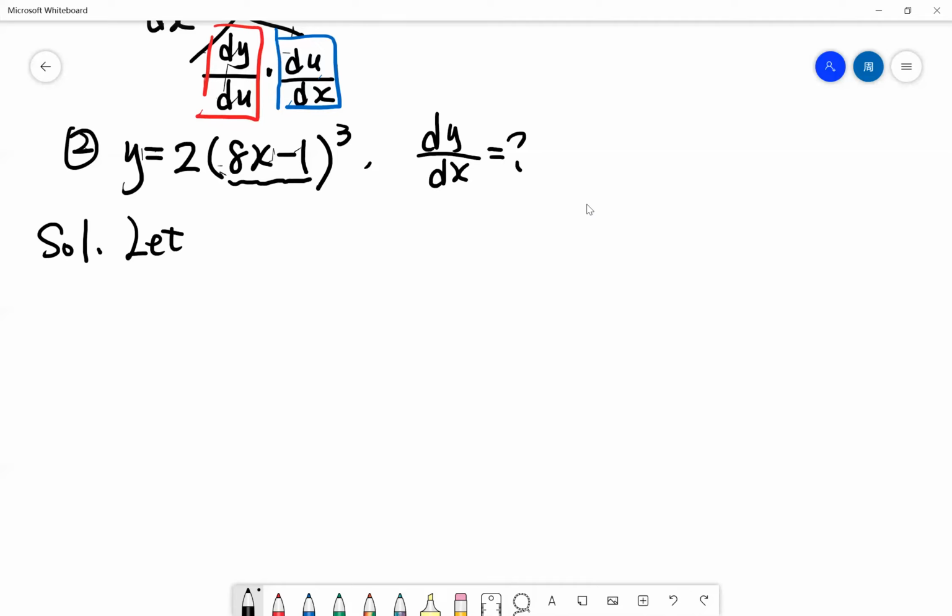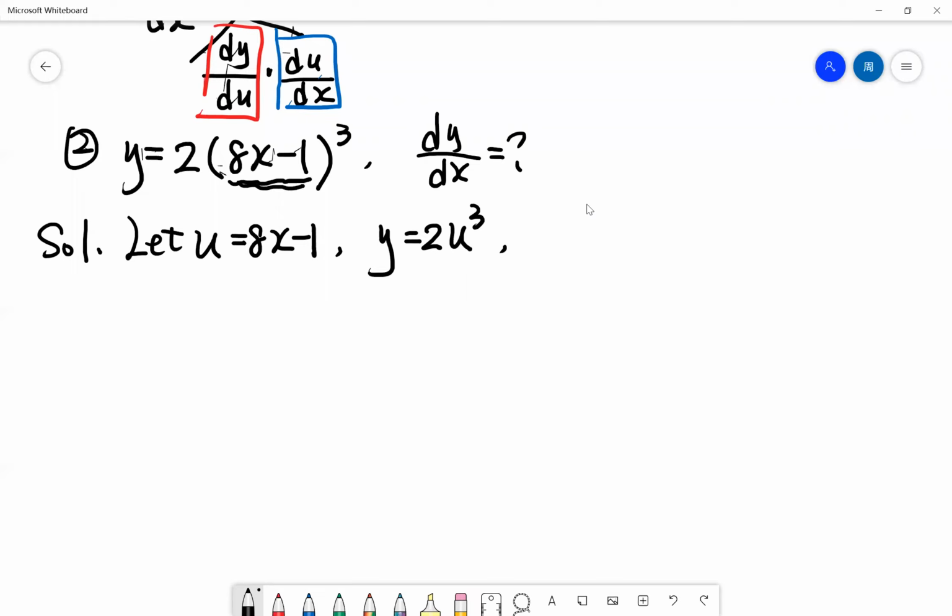So we let u equals 8x minus 1. So we can get y equals 2u to the power 3, right? Can you understand this step, guys?